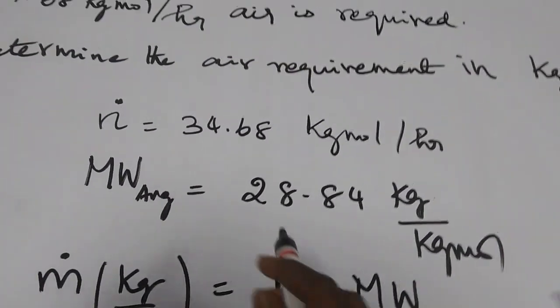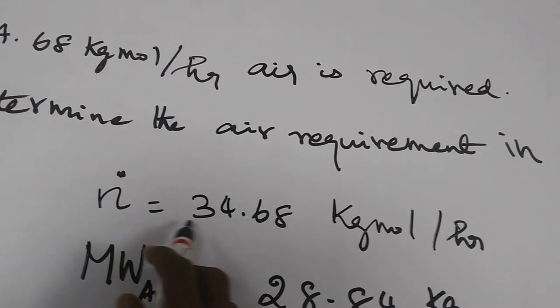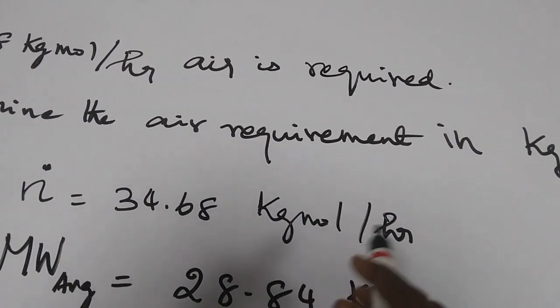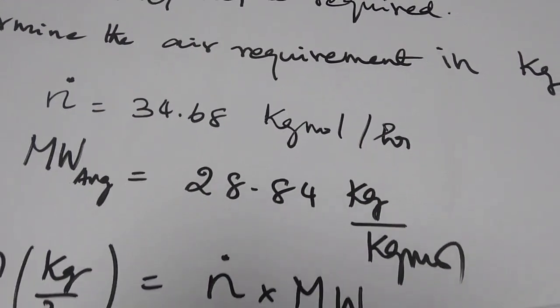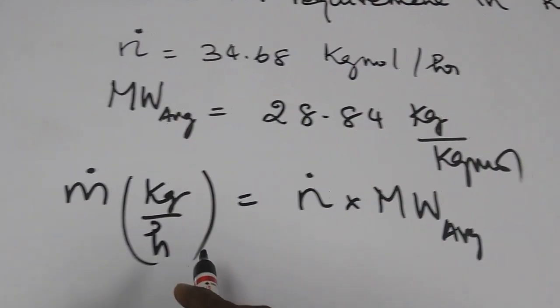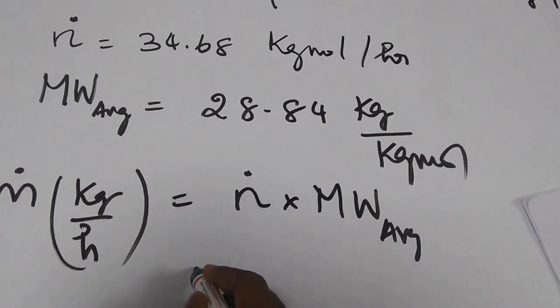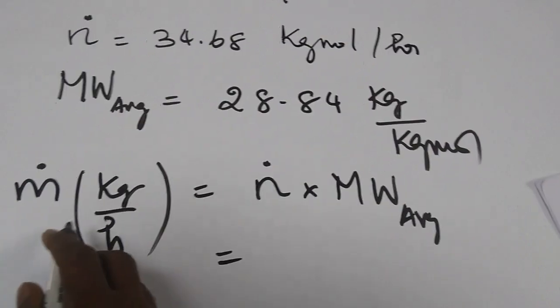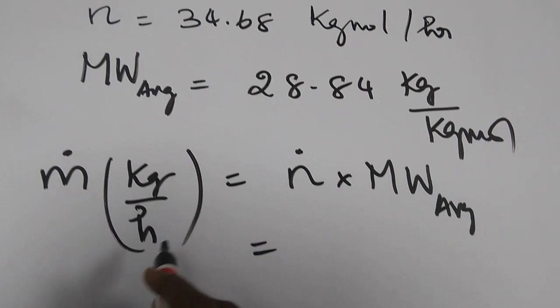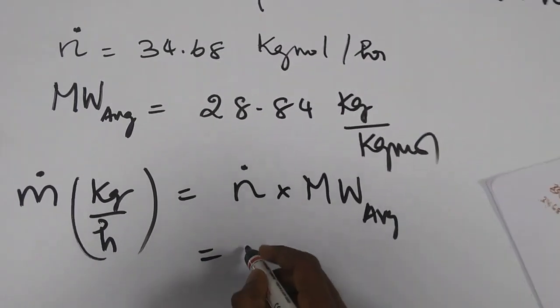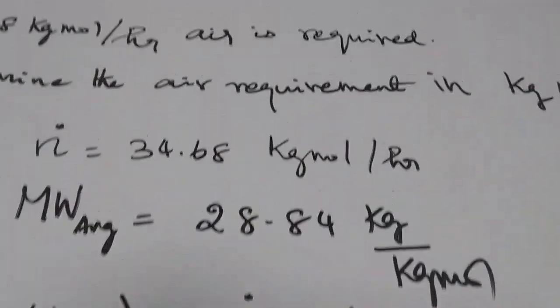So n dot is the molar flow rate, 34.68 kg moles per hour. Average molecular weight is 28.84 kg per kg mole. N into average molecular weight gives the mass flow rate.